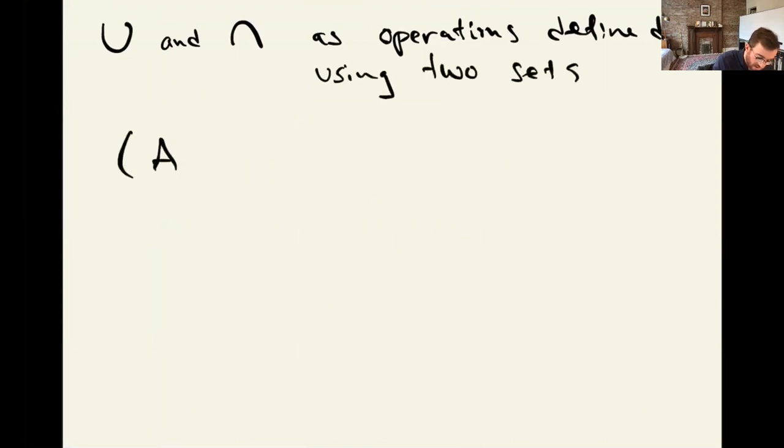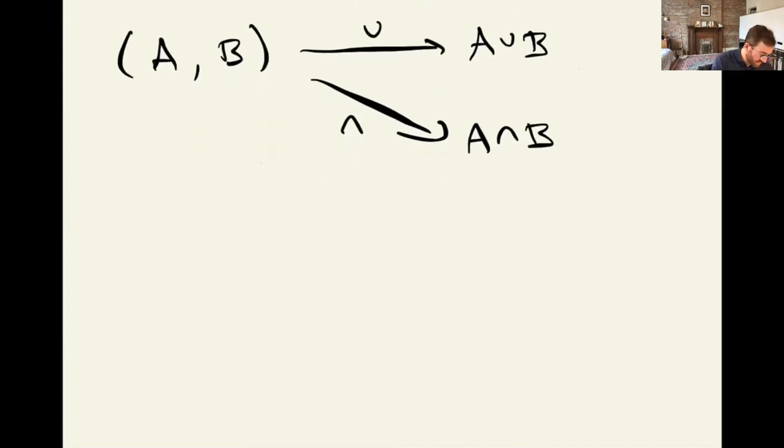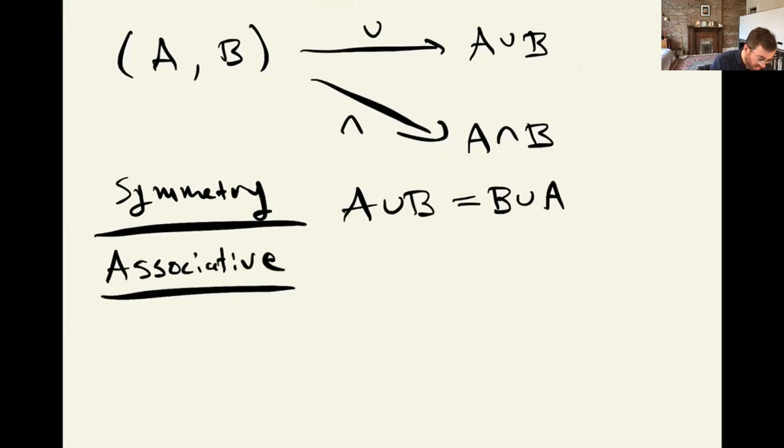So the idea being that I've got a set A and a set B, and then I can return, using the union, A union B, or intersection, I get A intersect B. It turns out these operations play well together in the sense that they're symmetric, right? So A union B equals B union A. They're associative in the sense that A union B union C is the same thing as A union B union C.